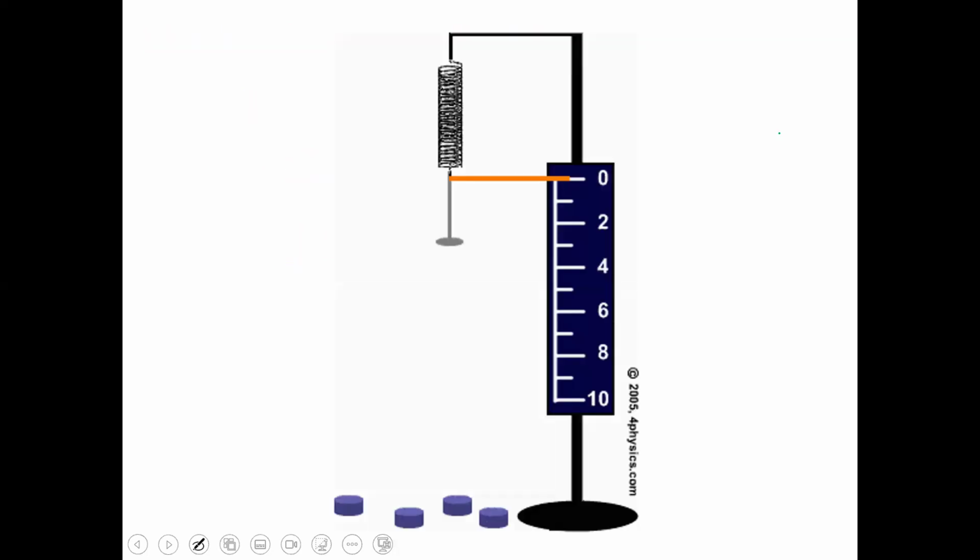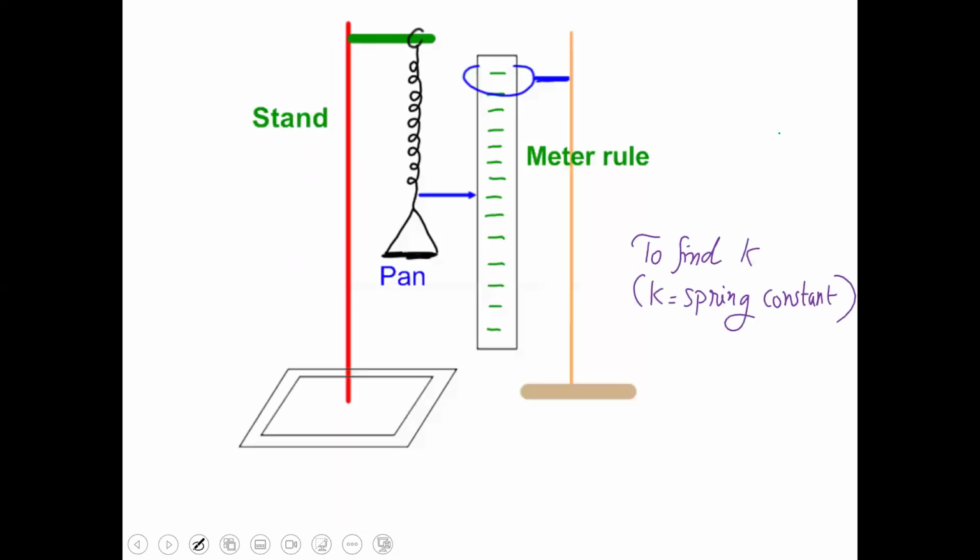Now look at this apparatus. This is a Newton meter. My plan is to use this apparatus to find K. Can you recall from AS physics how we can find the spring constant using this apparatus? By getting the mass, we put the load in the pan.